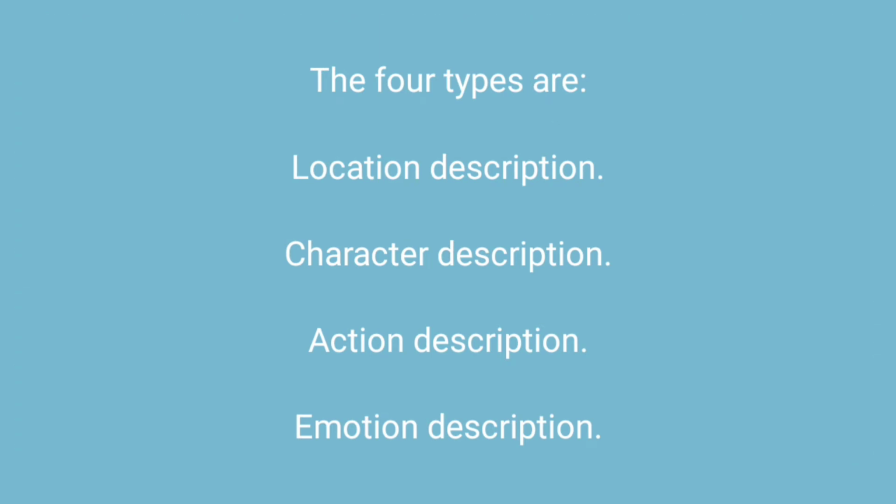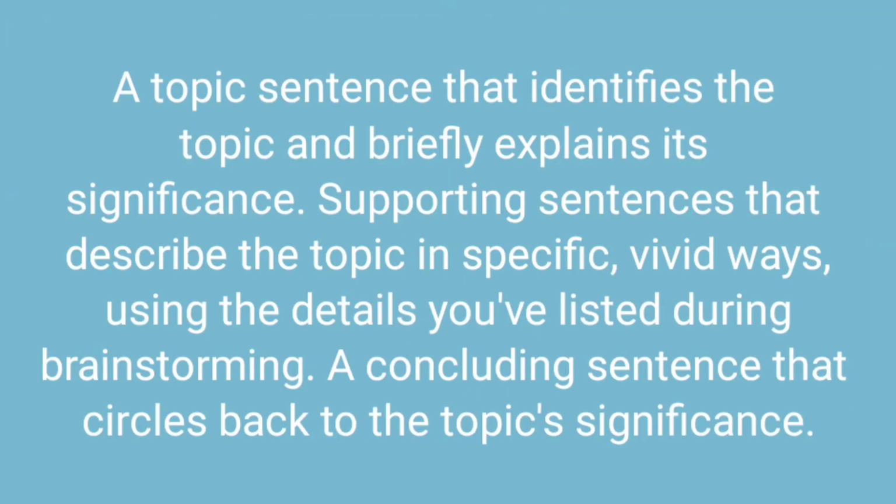The four types are: number one, location description; number two, character description; number three, action description; number four, emotion description. A topic sentence identifies the topic and briefly explains its significance.